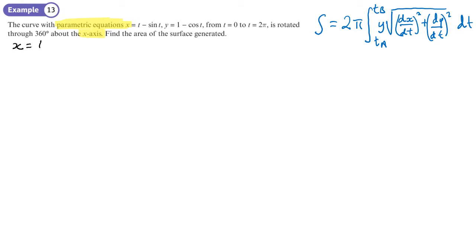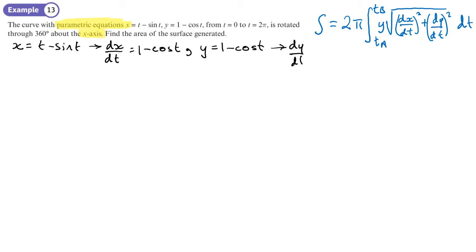Right, so we've got x equals t minus sine t, so that means that dx/dt is going to be 1 minus cos t, and we have y equals 1 minus cos t, so that means that dy/dt is equal to negative sine t.